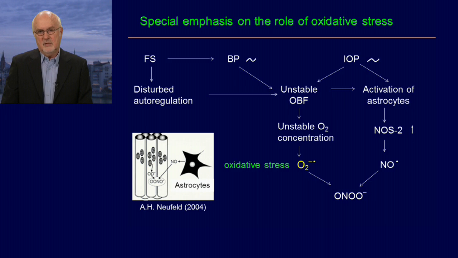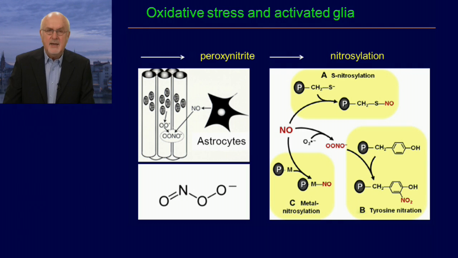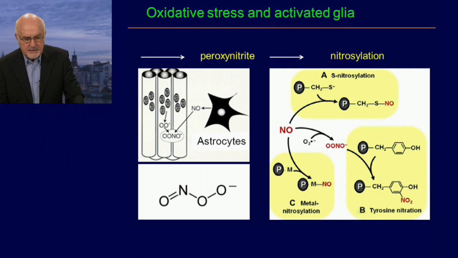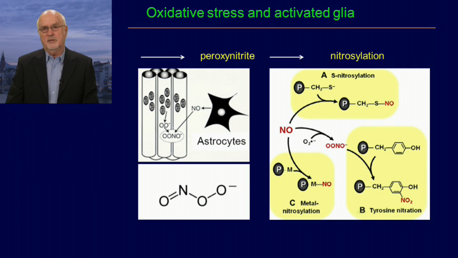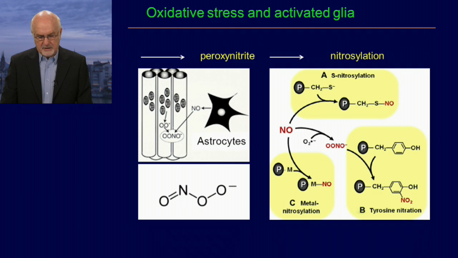This has to do with the activation of the astrocytes. If astrocytes are activated, they start to produce high amounts of nitric oxide, a very small liposoluble molecule with a half-life of about 15 seconds. This small molecule can diffuse in the neighboring axons.